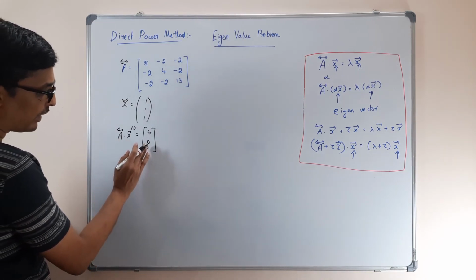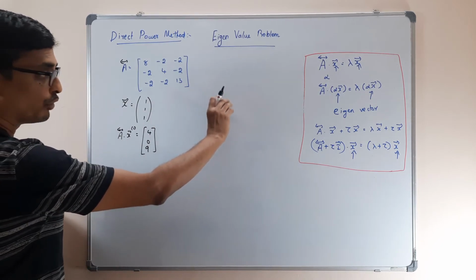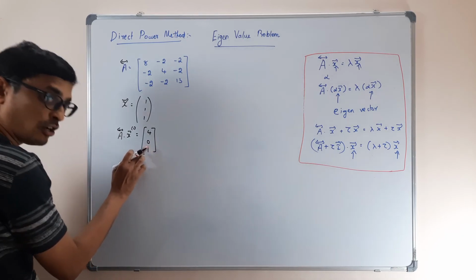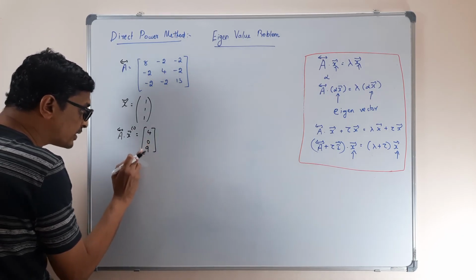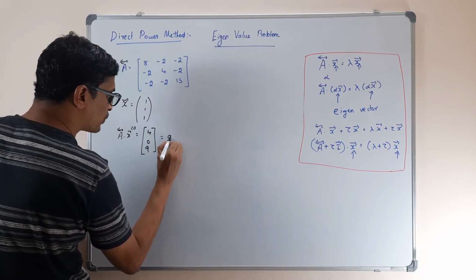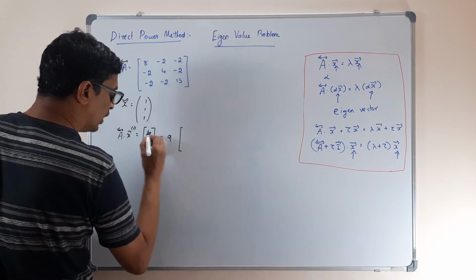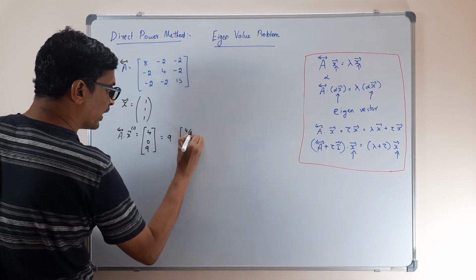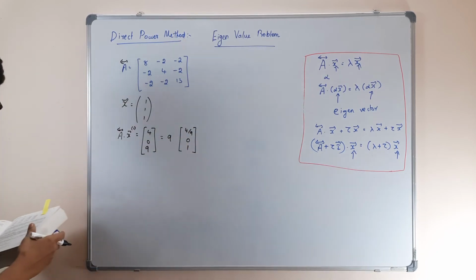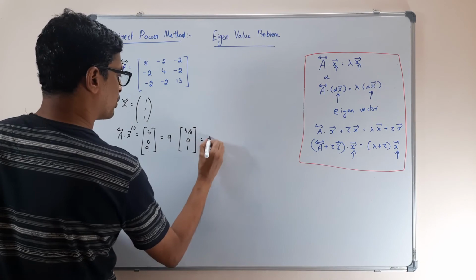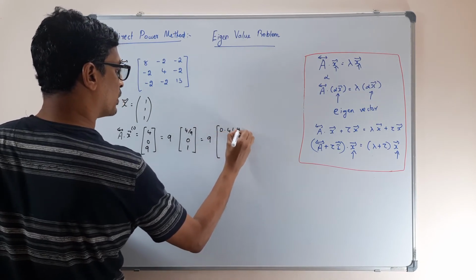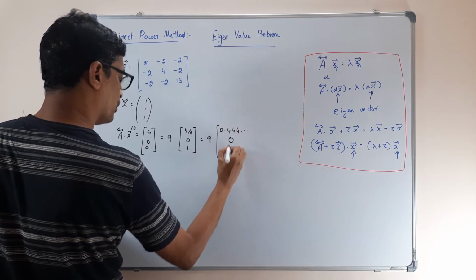Let me take the 9 out, because when scaling we take one component and scale it to 1. So when I take 9 outside, this matrix becomes 4 by 9, 0 and 1, which is equal to 9 times 0.444 recurring, 0 and 1.